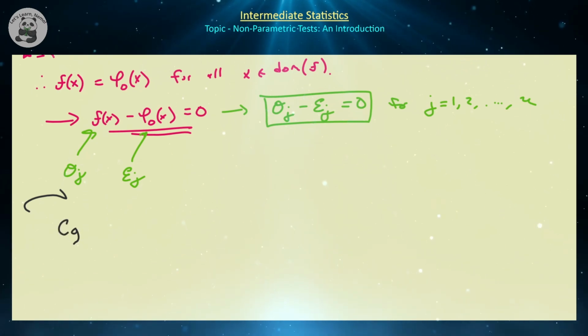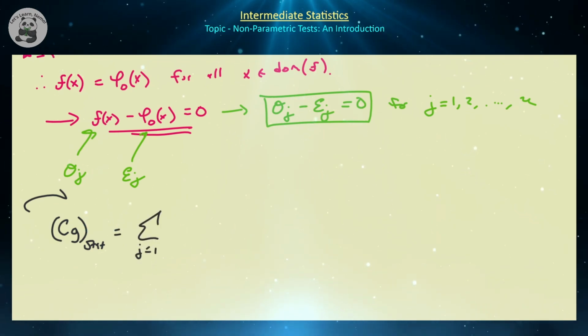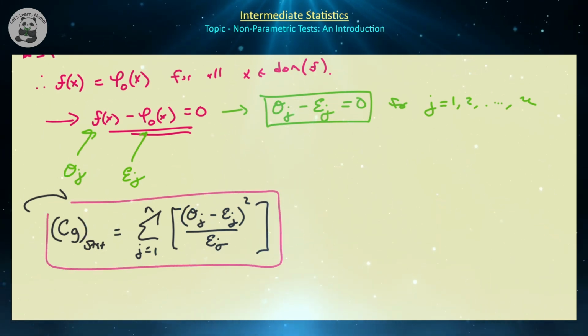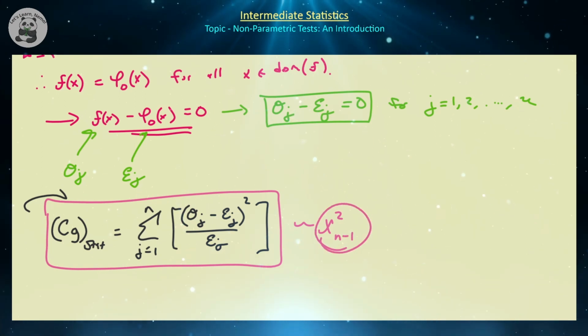So our chi-square goodness of fit test statistic, which I'm just going to abbreviate as CG-STAT, is equal to the sum from j equal to 1 to n of the observed minus the expected, squared, all divided by the expected. One can show that this is associated to a chi-squared n minus 1 distribution, where n minus 1 is your degrees of freedom, right?